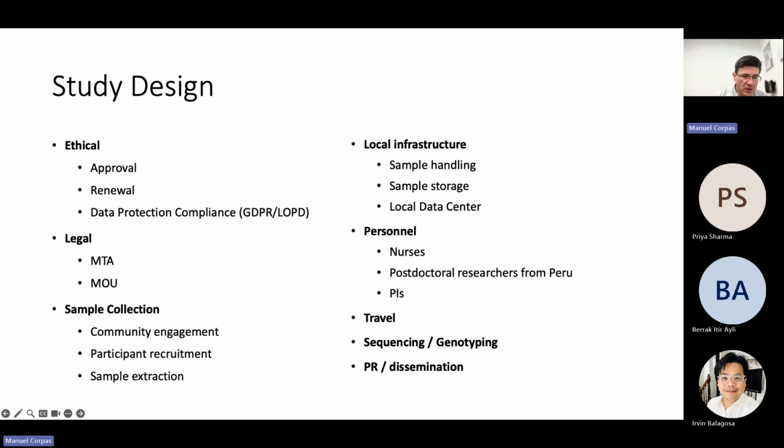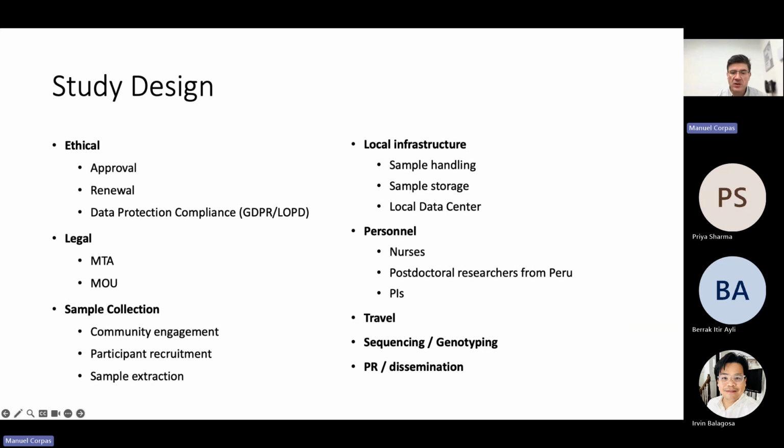Then in terms of sample collection, you will want to think about community engagement, participant recruitment, sample extraction, then how you're going to handle the samples, how you're going to store them, how you're going to develop an infrastructure to hold the data and make sure that data serves the purposes of advancing the health priorities for the community and on a global stage as well.